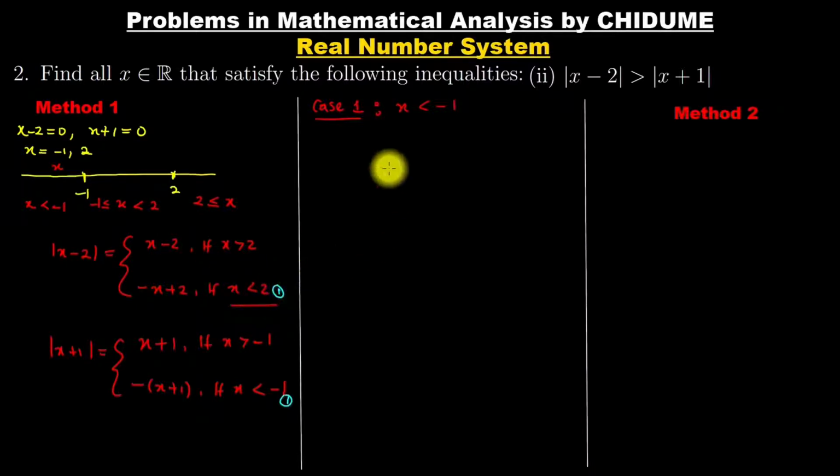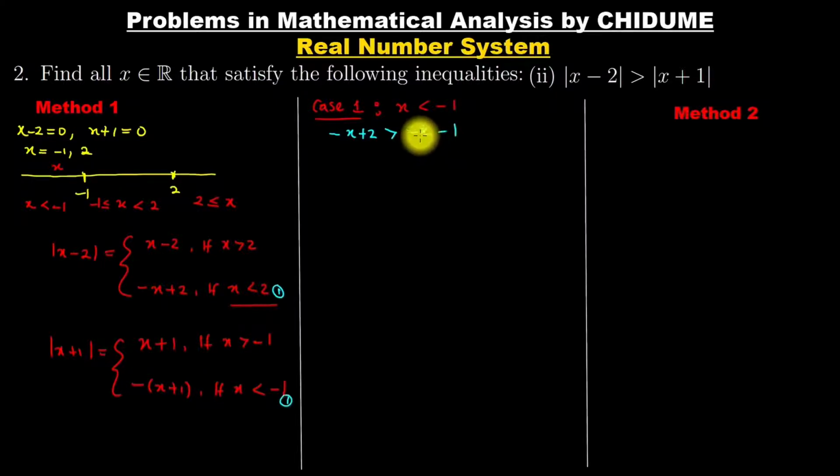So here, what will happen to the absolute value of x minus 2 if x is less than 2? I'm going to have this to be negative of x plus 2, right, from the definition here, to be greater than, if x is less than -1, I'm going to have this to be negative x negative what? 1.